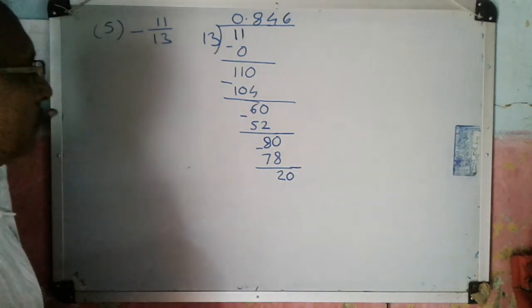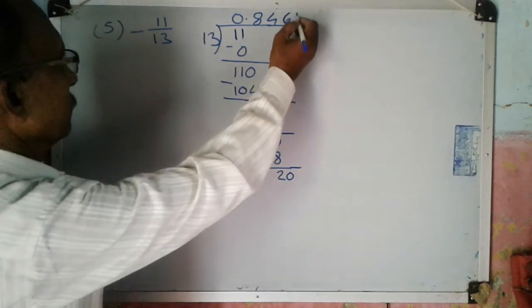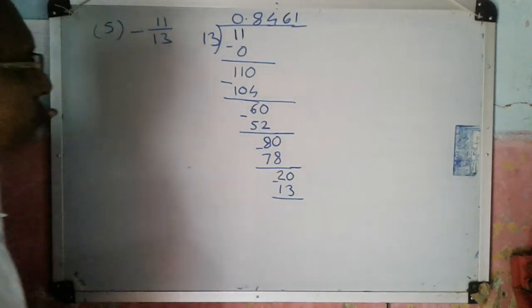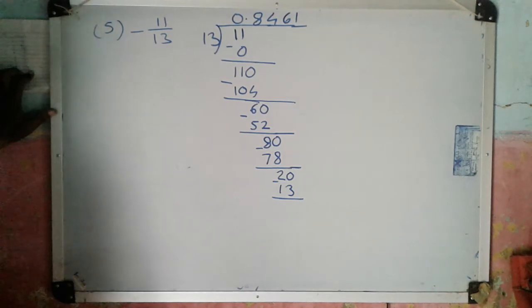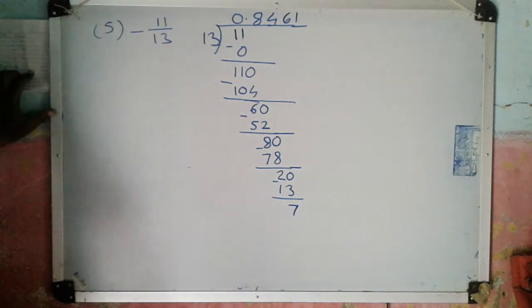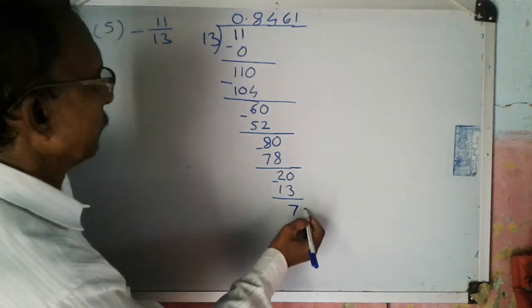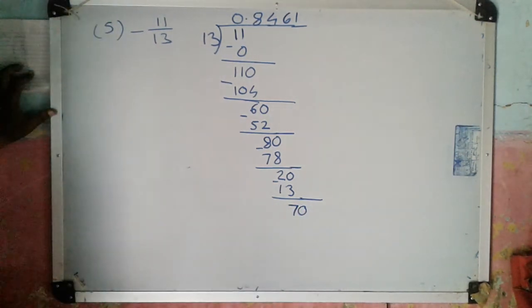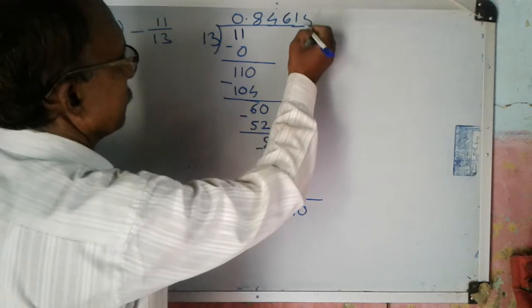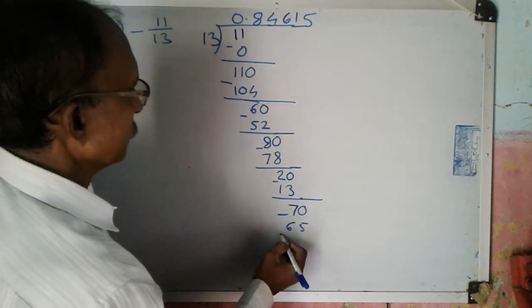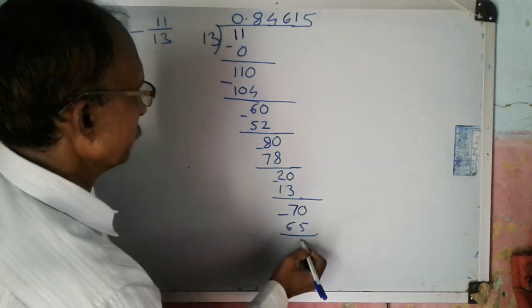We get 20. Now 13 1s are 13. Now 20 minus 13, here we get remainder 7. Then add 0. Divide, we get 13 5s are 65. So here the remainder is 5.